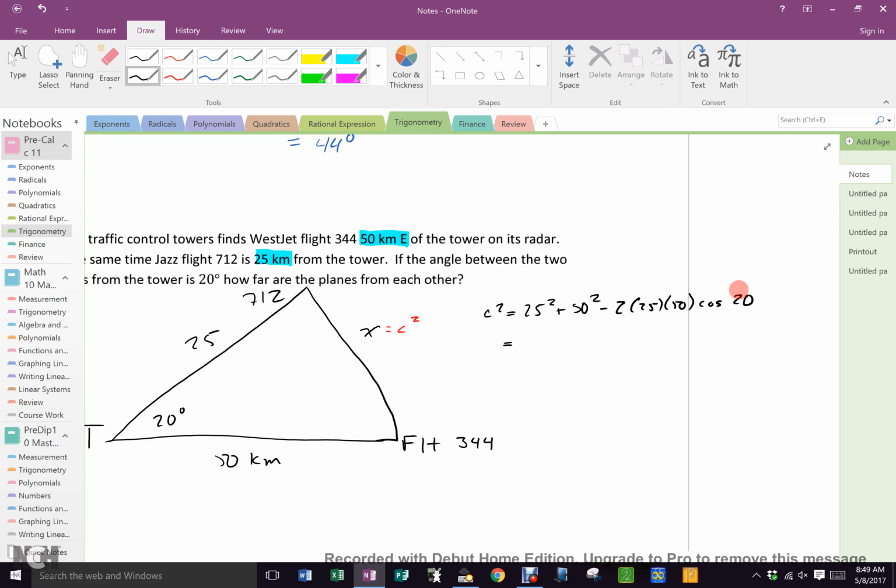Who has an answer for me? To how many decimal places? Let's go with just one because I'm lazy. Kelvin. 27.9 is what I got.